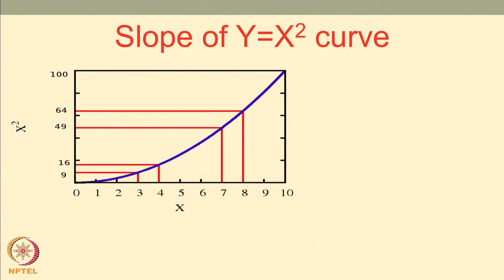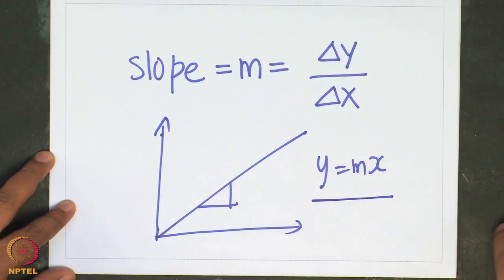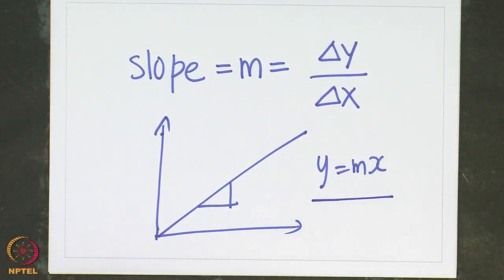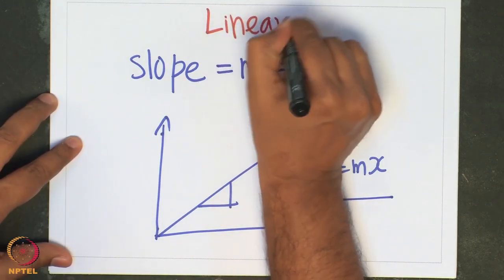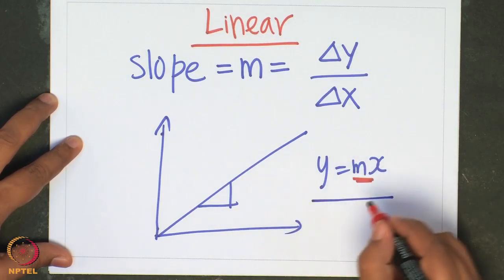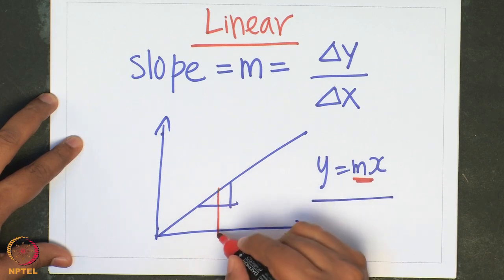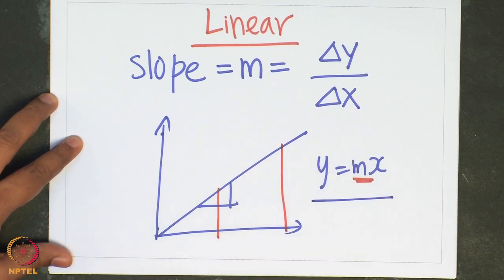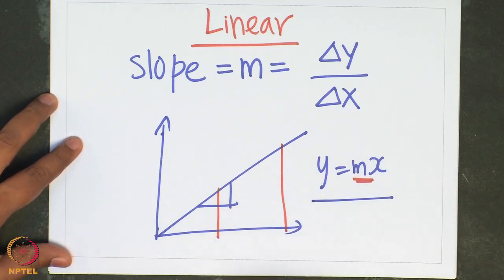The function y is equal to mx is a line, so it is linear. It has the slope m, which is the same slope everywhere. For any value of x, the slope is m.